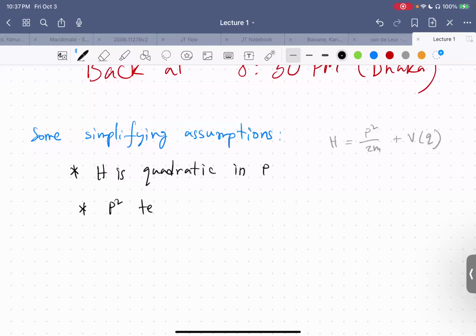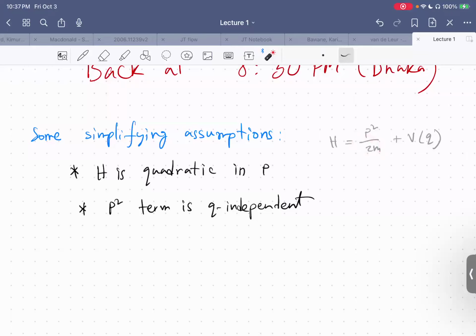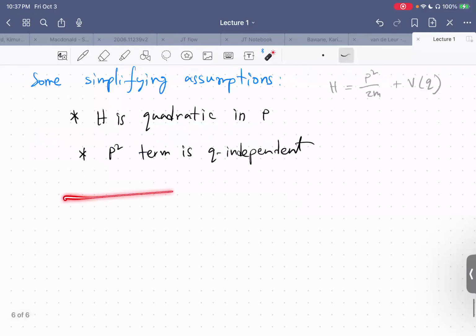The P squared term is Q independent. So this coefficient does not depend on Q, also satisfied by this Hamiltonian. If I need anything else, I'll add. But for now, let's start with these things.